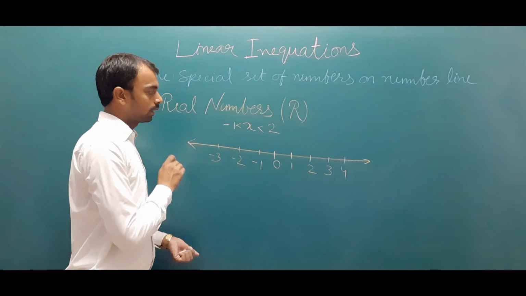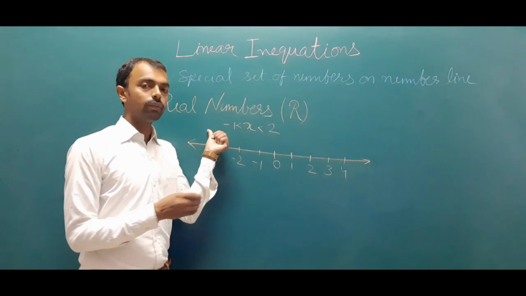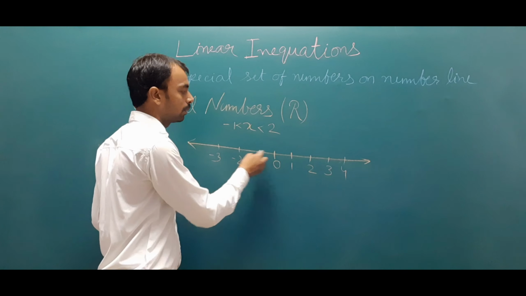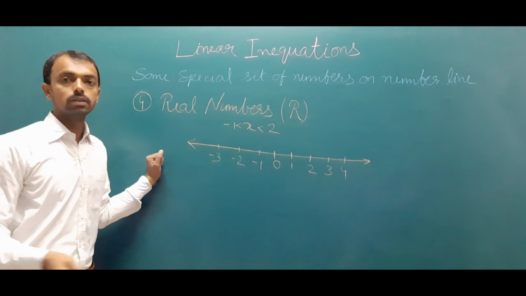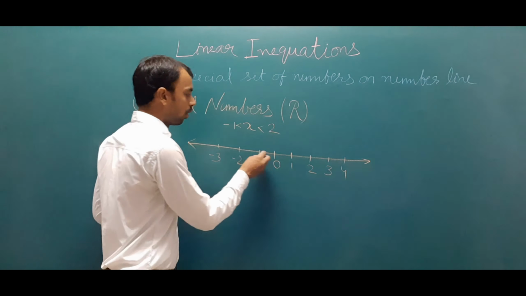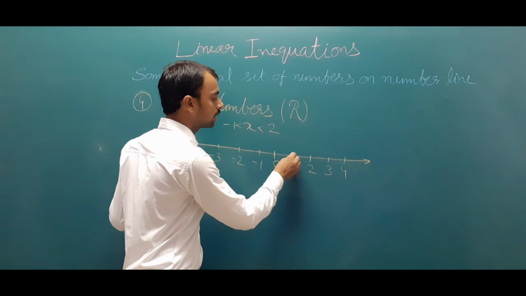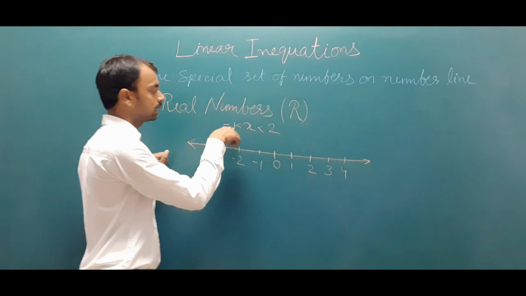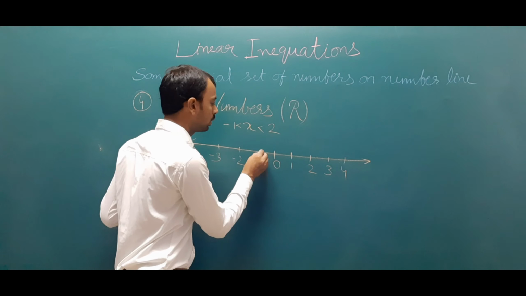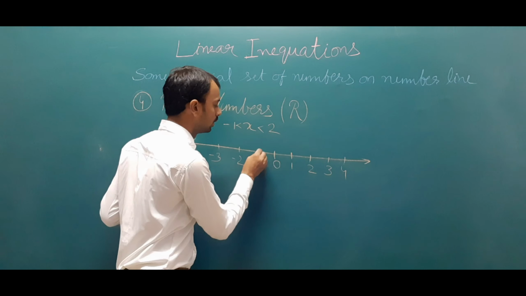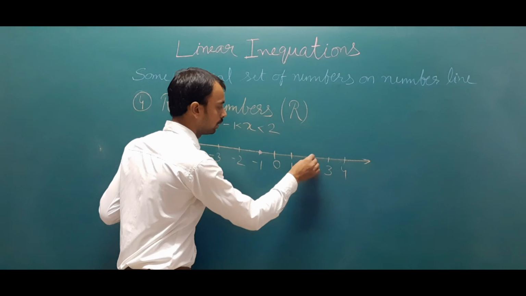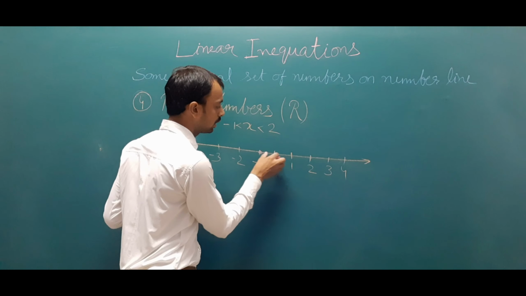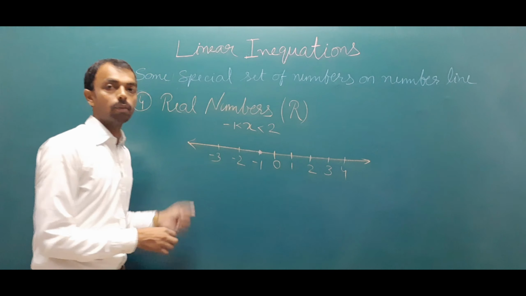So we are talking about real numbers. In previous systems we have seen that we represent the solution set by a simple dot, meaning by a number, but here all the numbers between 0 and 1, between 1 and 2, between 2 and 3 are included. The solution set is -1 to 2, so all the numbers from -1 to 2 will be our solution, not a single number but all the numbers on the number line.